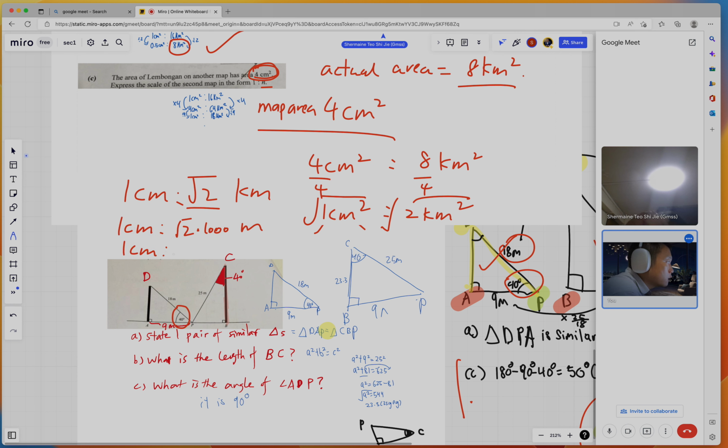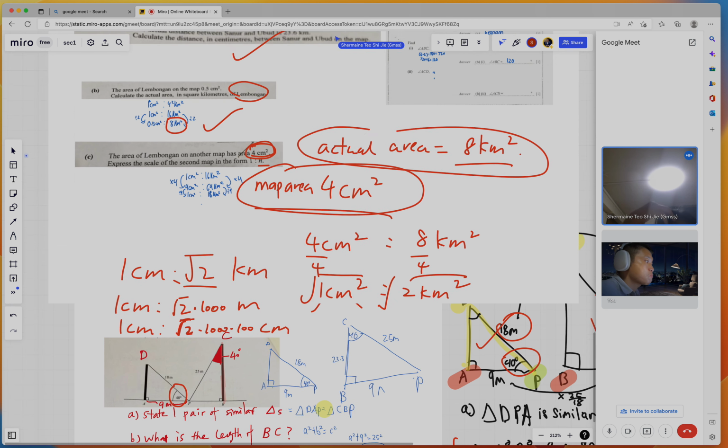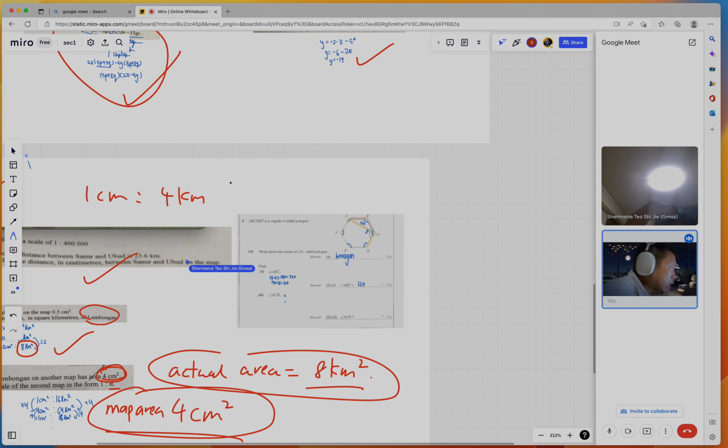Then continue, square root 2 times 1000 times another 100. Then you get to cm. So you just use your calculator, then you get the answer already. Does it make sense? Because the map area is 4 cm square, then the actual area is 8 kilometers square. Okay.